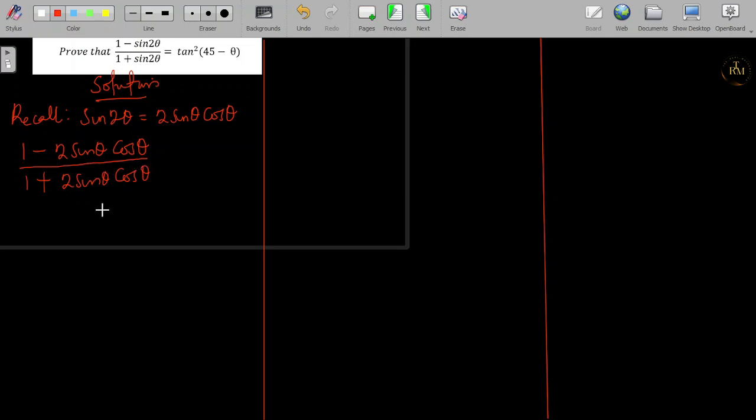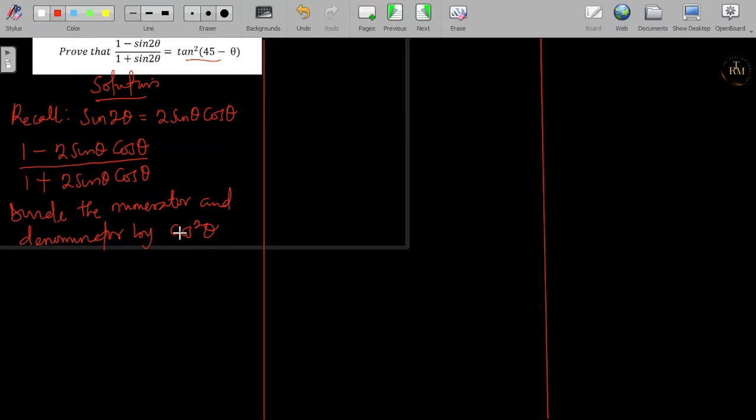Now, the next thing we're going to do, in order to simplify the expression we have, or to obtain what we have on the right hand side, is divide the numerator and the denominator by cos squared theta, right?